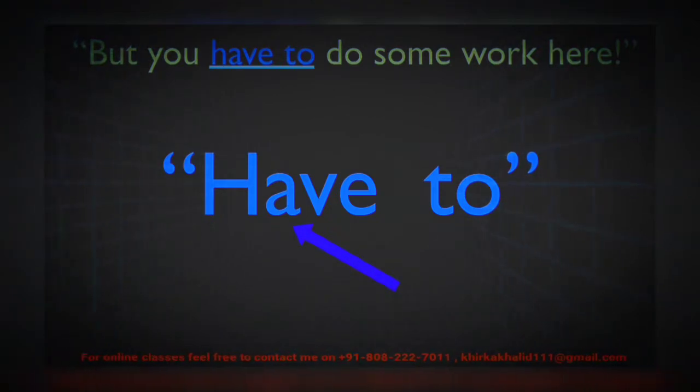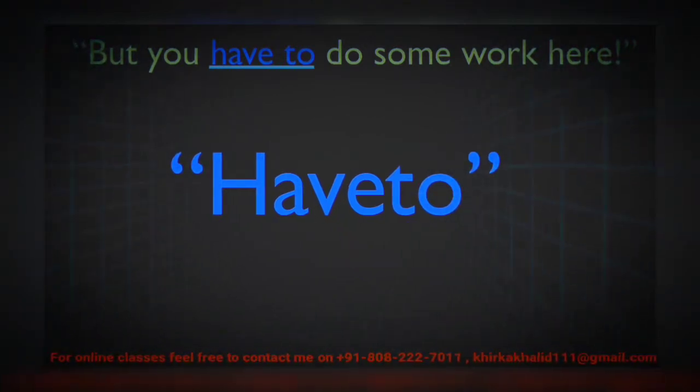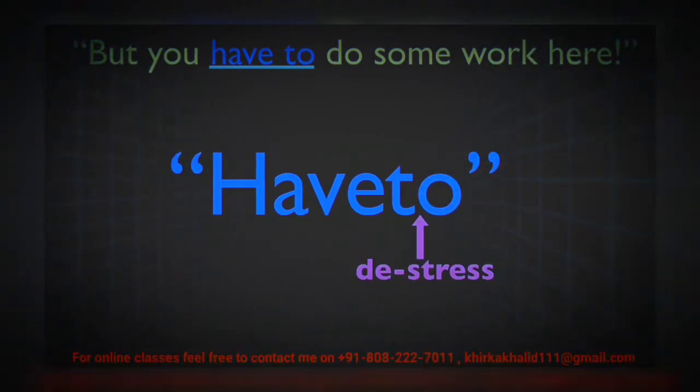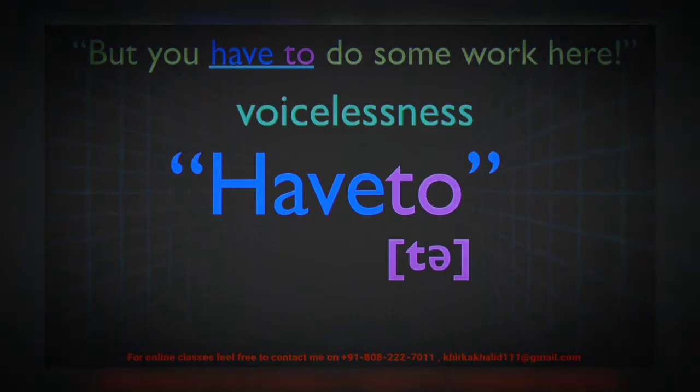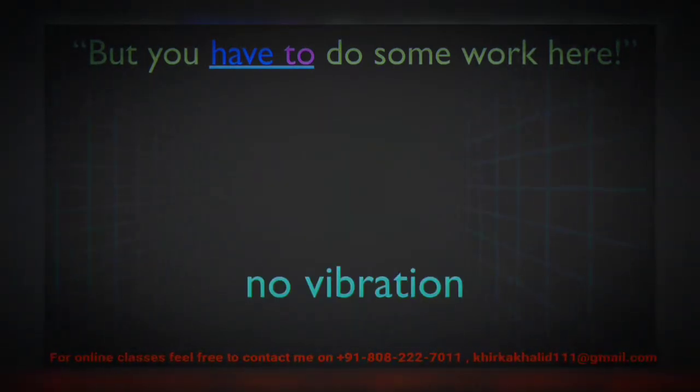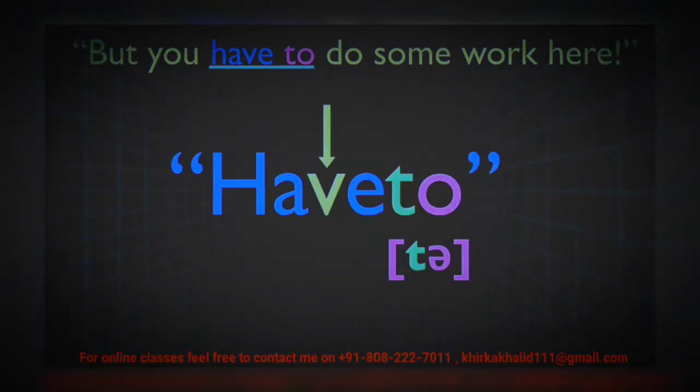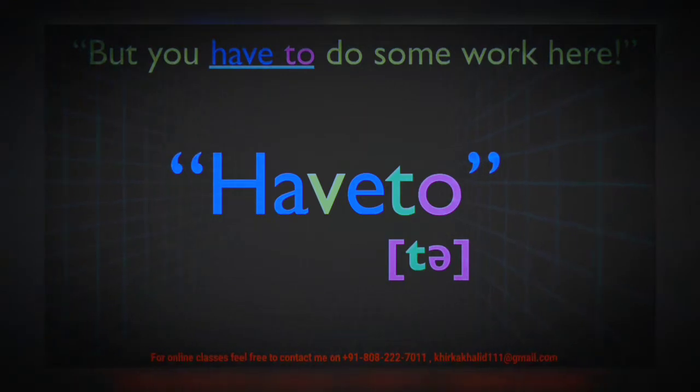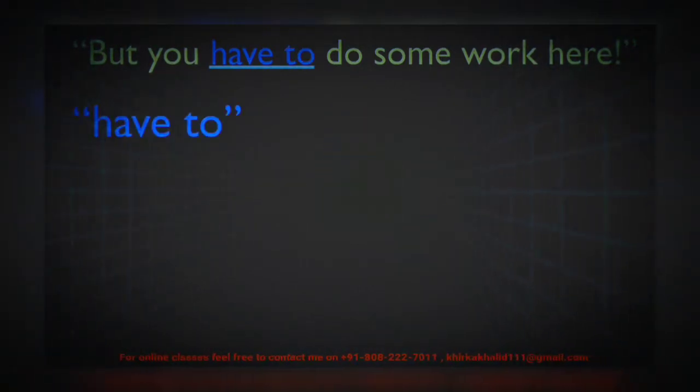Have to. When I combine the verb have to, I de-stress the function word, the preposition to, and say it as ta. The voicelessness of the t, meaning no vibration in the vocal cords, transforms the v in have into its voiceless counterpart f.